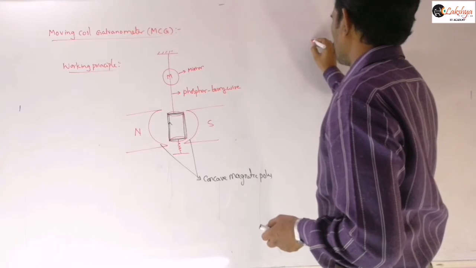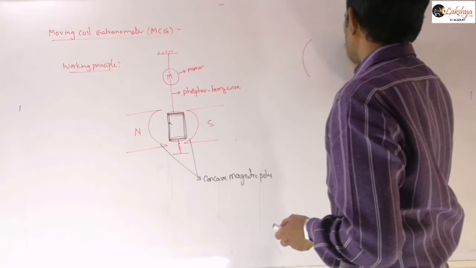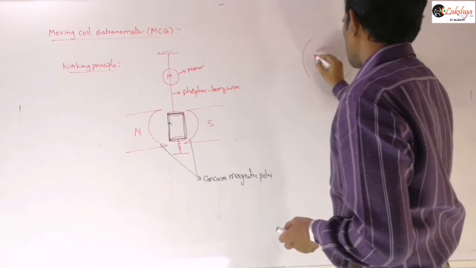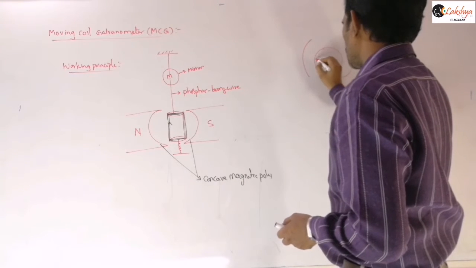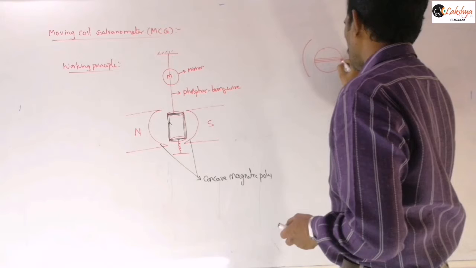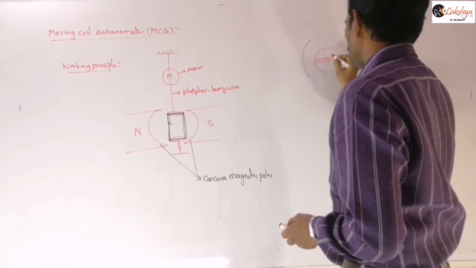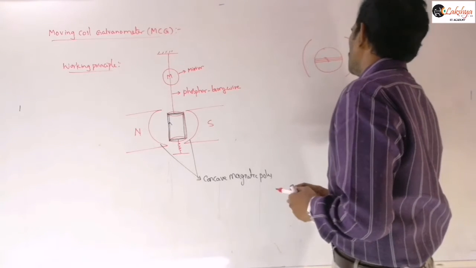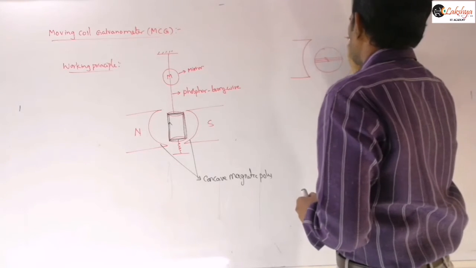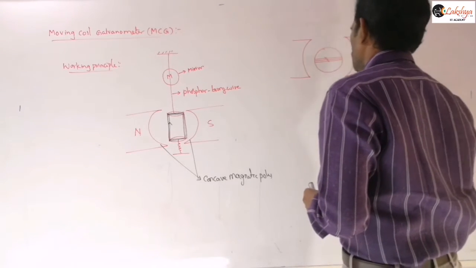If you take them as concave poles, the top view of this arrangement will be like this: the cylinder cross section, and these wires will be there like this. This is the top view of the coil arrangement.